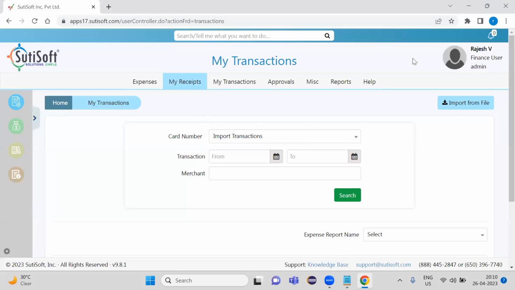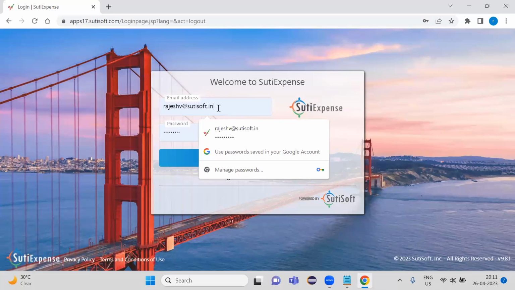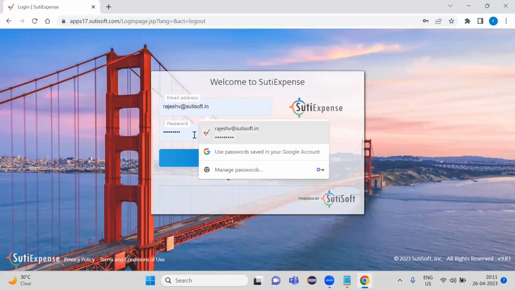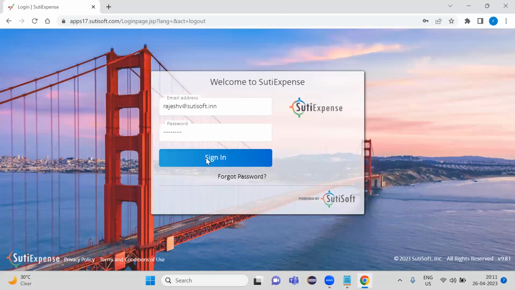See, here, what are the positive scenarios? Suppose I am giving only a valid username and valid password. Is this a positive or negative scenario? Positive. Both are valid. If I give both invalid, then it should not log in.